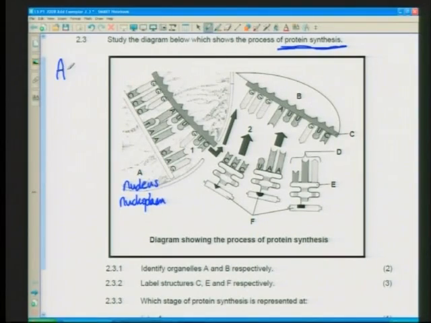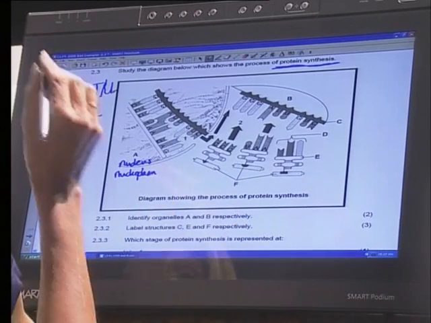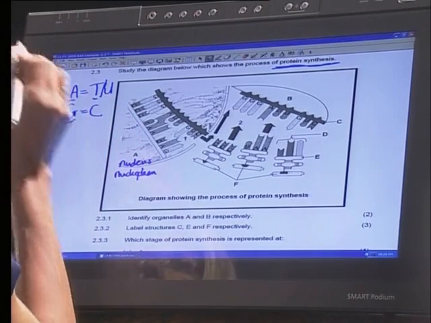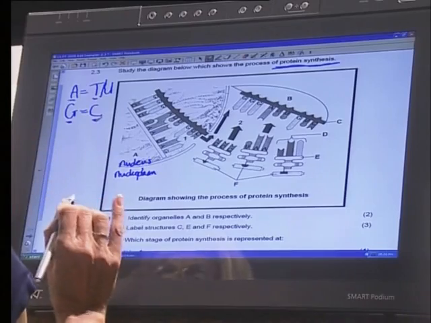Now, before you do any question on protein synthesis or DNA replication, I want you to, on the side, write this: A equals T, and G equals C. And then you put a little dash, backslash, and you put a U. And you make sure that wherever you are answering a question on protein synthesis or DNA, you write that so that you never, ever forget that adenine will always bond with its complementary base thymine, and guanine will always bond with cytosine, only, ever.